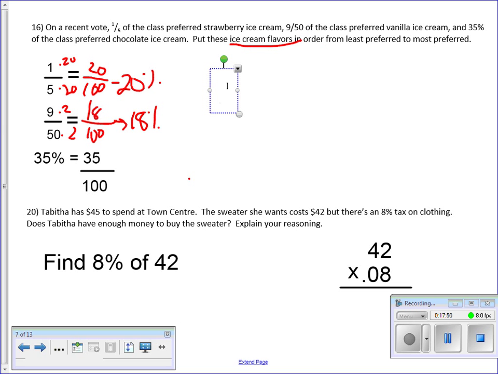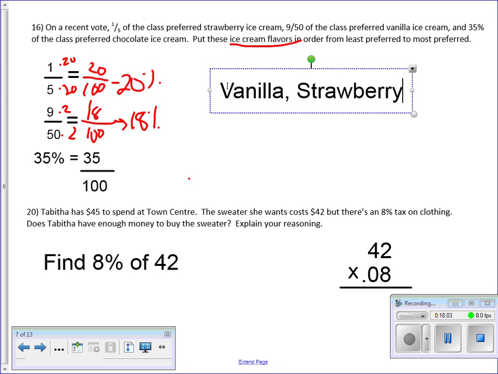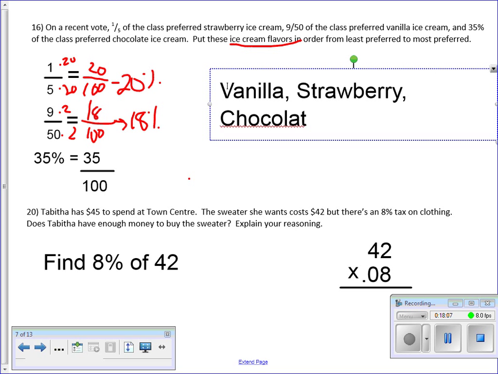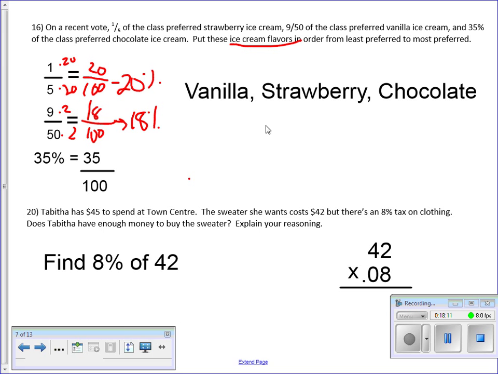The numbers are important, but then you need to translate it back. So the least preferred was 9 out of 50, which is vanilla. And then 20% represents strawberry. And then 35% is chocolate. So I was looking for vanilla, strawberry, and then chocolate as your answer here.